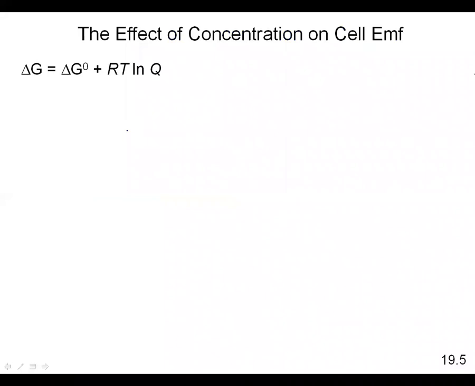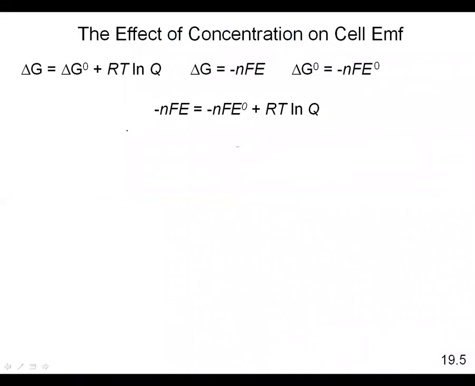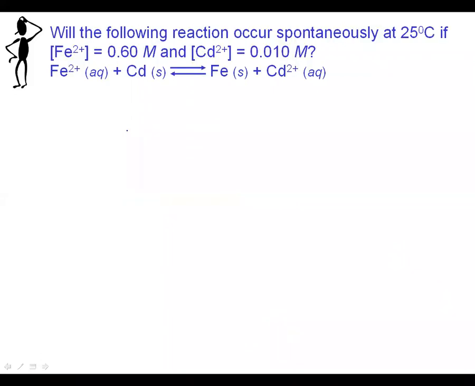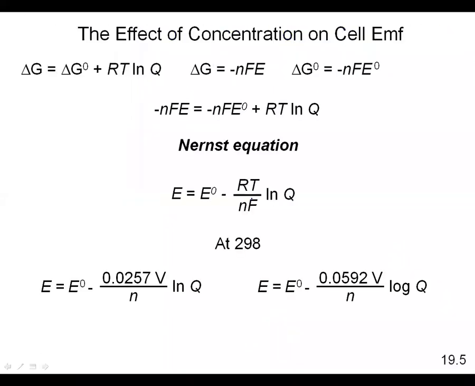All right, so now let's talk a little bit about the concentration and the effect on the cell voltage. And this brings us an important equation as well. It's very similar to the thermodynamic equation that we saw in the previous chapter with our delta G. We have the two delta Gs, and the difference between them is that delta G naught is standard conditions.